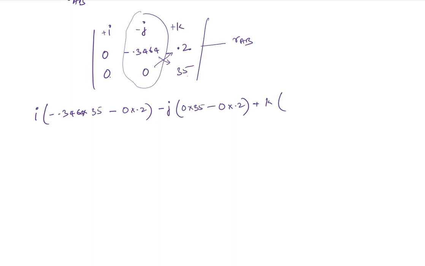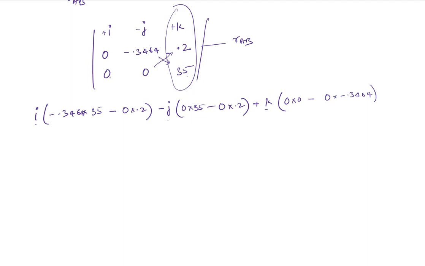Now we close out on k and multiply the other ones. 0 times 0 minus 0 times minus 0.3464. The i, j, and k typically go after the number, but in this case I wrote them before just so I can keep track of which ones I'm dealing with.